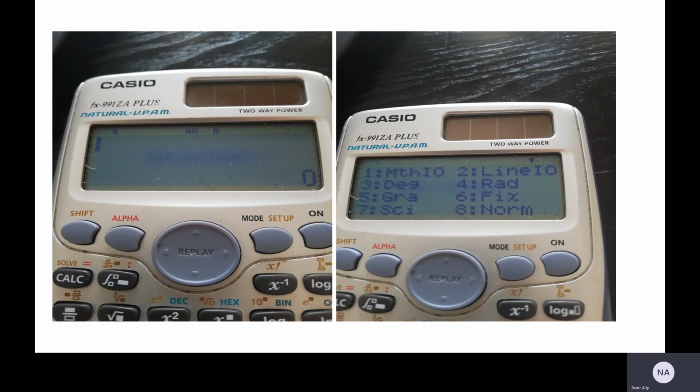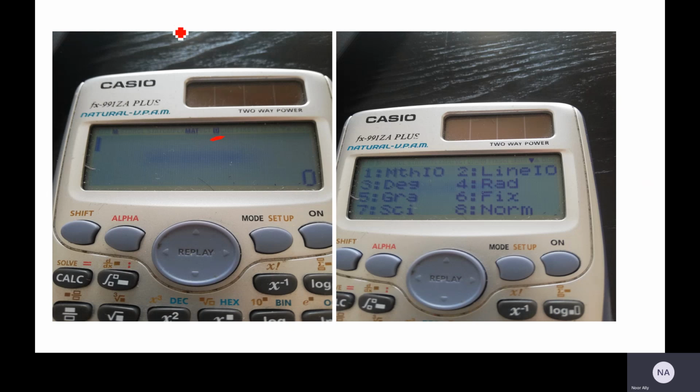Look on your calculator and look here. My calculator has a D there. That means I'm working in degrees. So when I identify that I am dealing with an angle in degrees, I must have my calculator in degree mode.